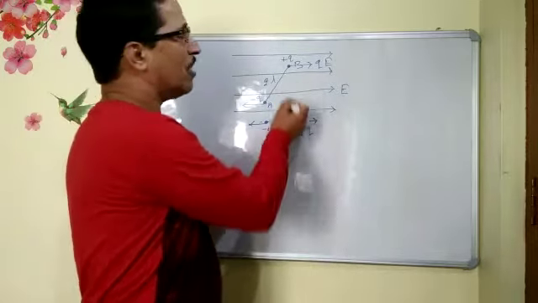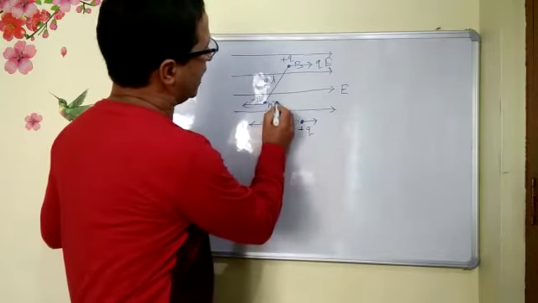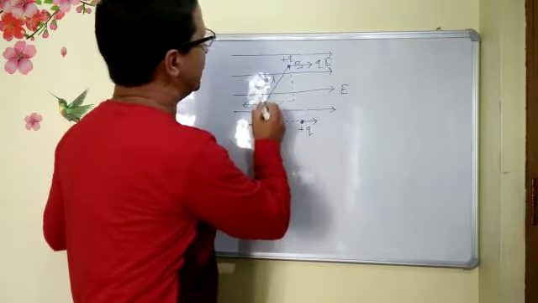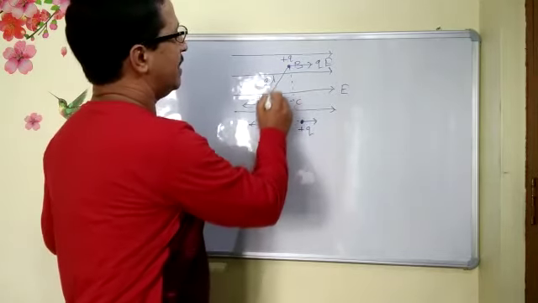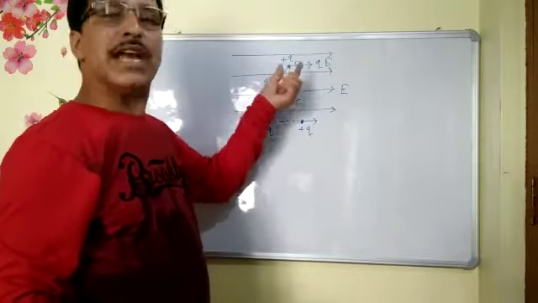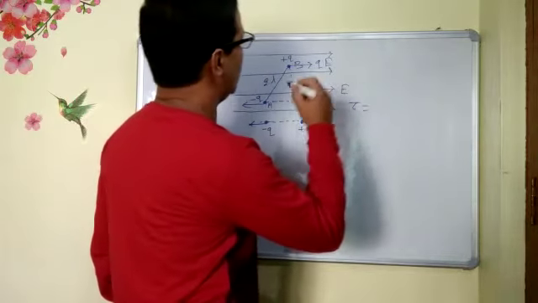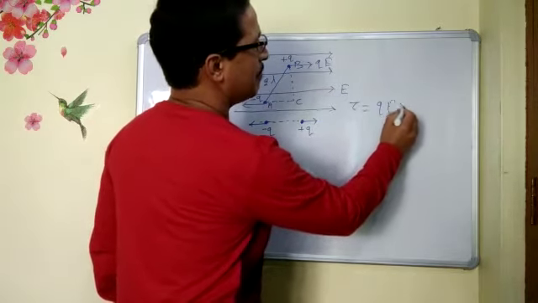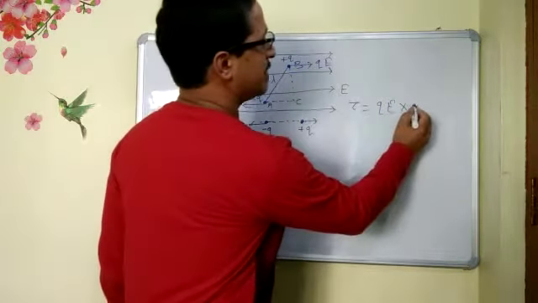To calculate the amount of the torque experienced by the dipole, we will draw a right triangle, the hypotenuse of which will be represented by the dipole AB, and the right triangle is ABC. We know that the torque is given by tau equal to one of the two forces, that is QE, multiplied by the distance between the two forces, that is BC in this case.